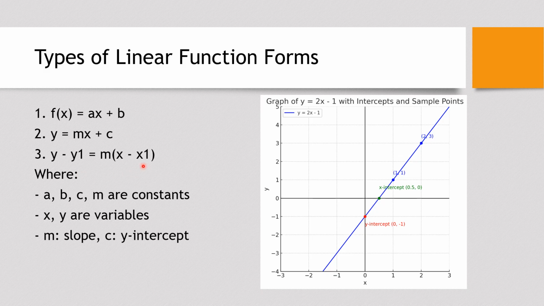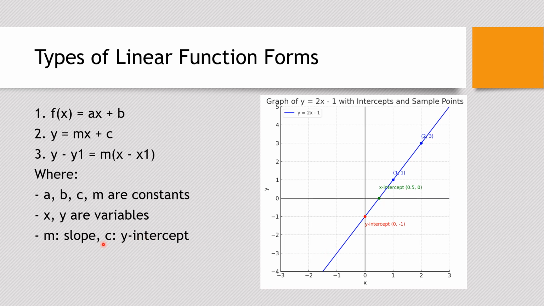The x1 is representing all the x coordinates on the line segment, and the y1 is also representing all the y coordinates on the line segment. So when we write x1 and y1, it means that we are talking about any point on the line segment.